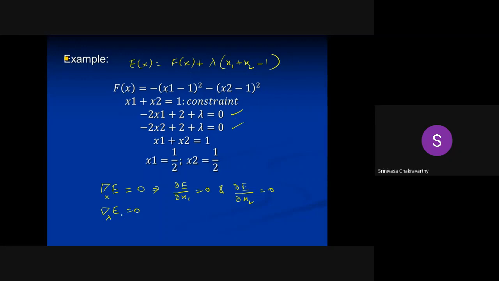Now del E with respect to lambda equal to 0, as we have said before, the derivative with respect to lambda simply gives you the constraint itself. So that gives you x1 plus x2 equal to 1. So solve these three equations, and you get x1 equal to half and x2 equal to half. So you can solve such constrained optimization problems using the method of Lagrange multipliers.